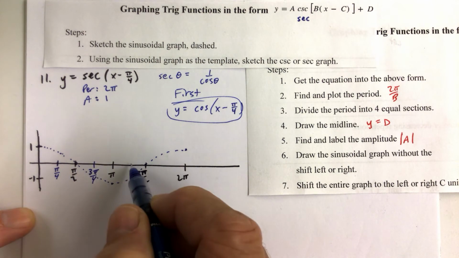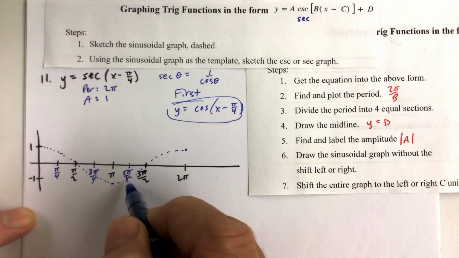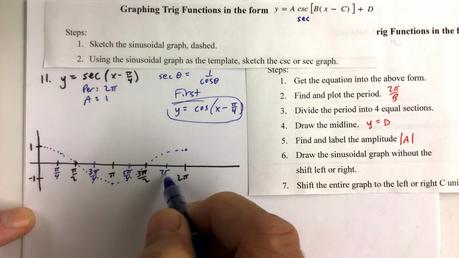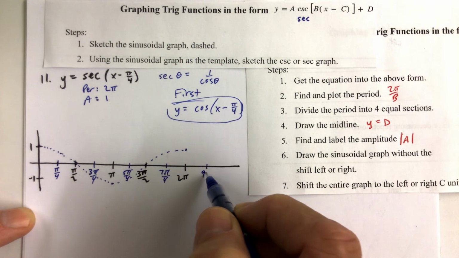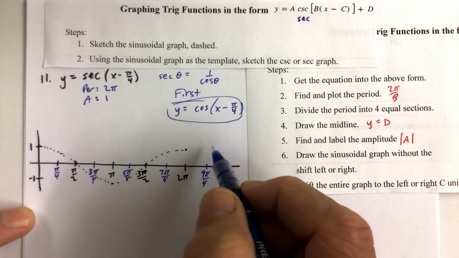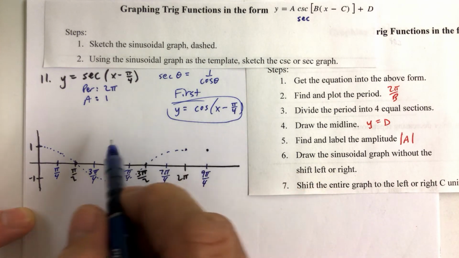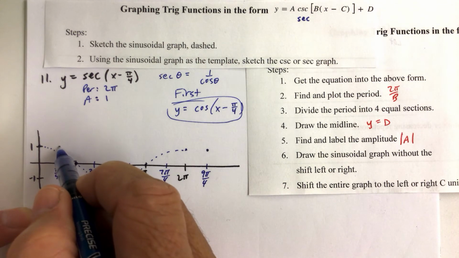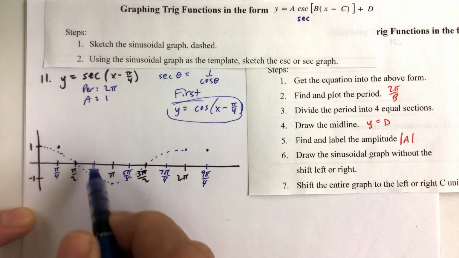So we're just going to fill in the numbers, 5 pi over 4 as well as 7 pi over 4, and then 8 pi over 4, and then one more, 9 pi over 4. So 9 pi over 4 is where this graph ends, and pi over 4 is where the graph starts, because we're going to take this dotted graph and move it to the right, pi over 4.